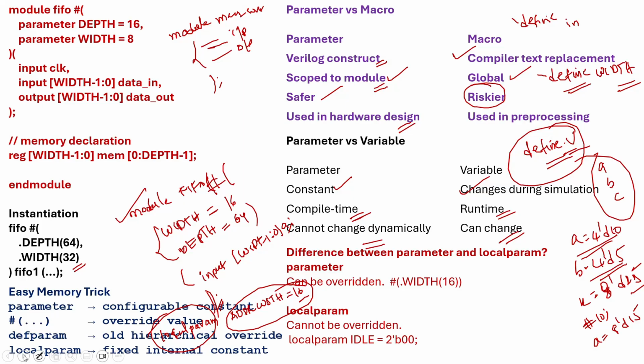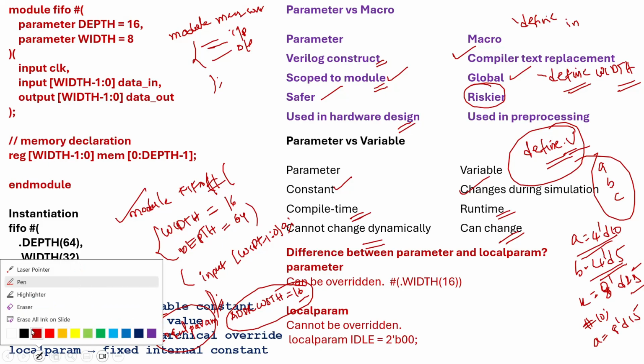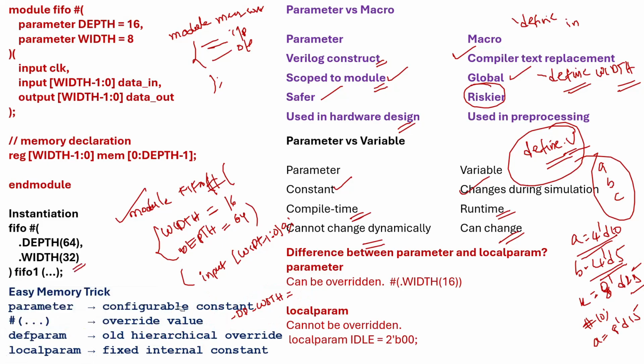So these are the memory tricks you want to remember. See what things we have mentioned here. Parameters are configurable constants, so every time you can use different parameters. Sometimes I want to utilize overriding techniques.